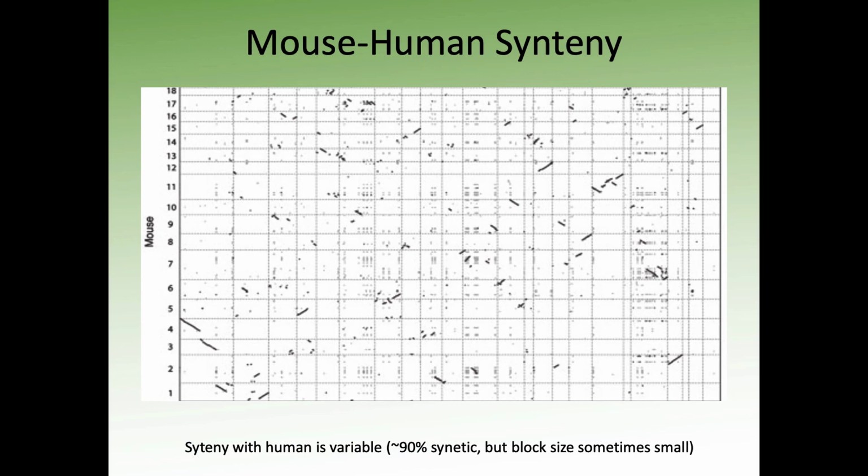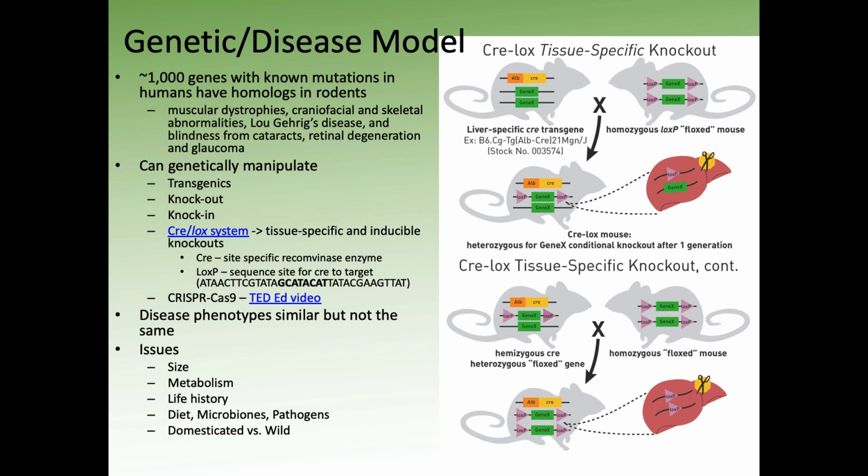Its synteny with human is going to be variable, right? So it's 90% syntenic, but the block region, like how large those regions of synteny are, can often be quite small. But that hasn't stopped us from using it as a disease genetic model system for us, right?